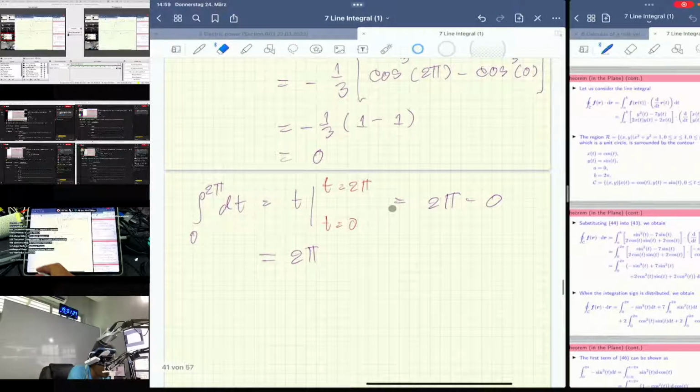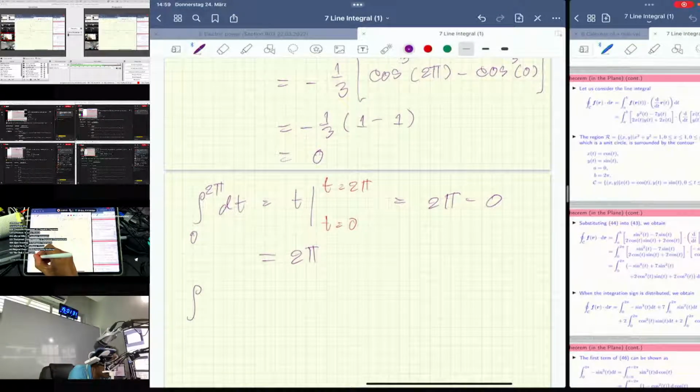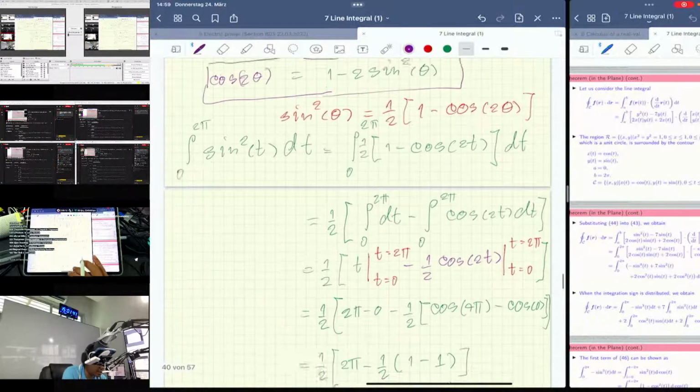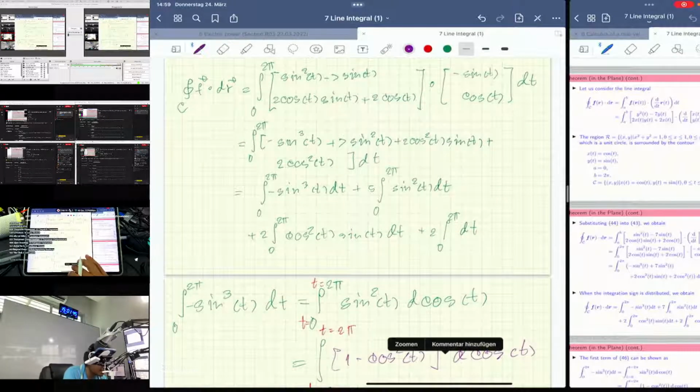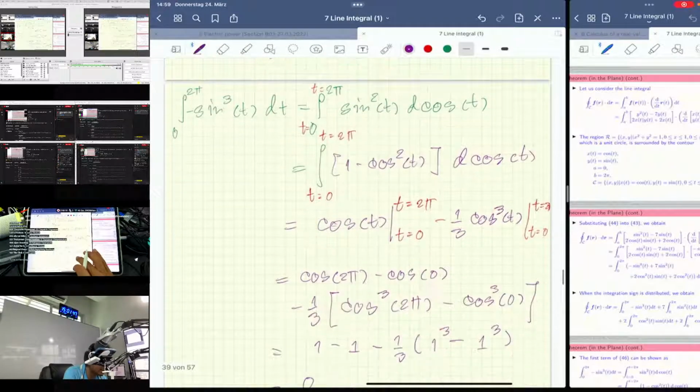So the integration in the closed path C of vector f dot dr will be, the first term is 0, right?